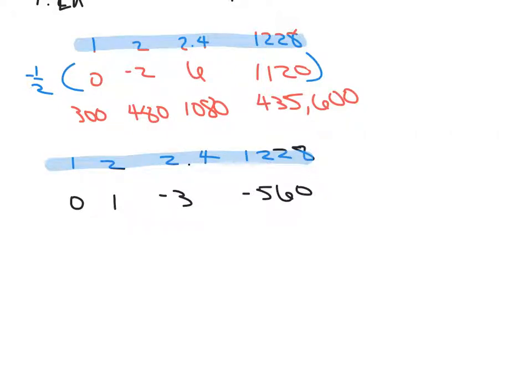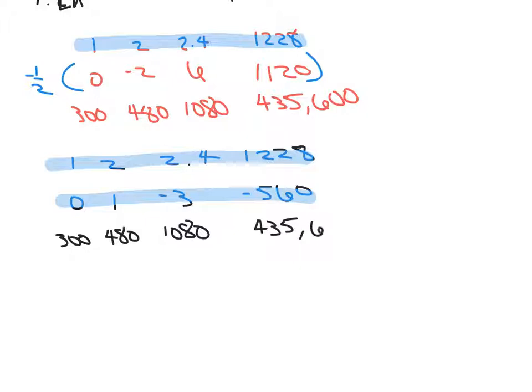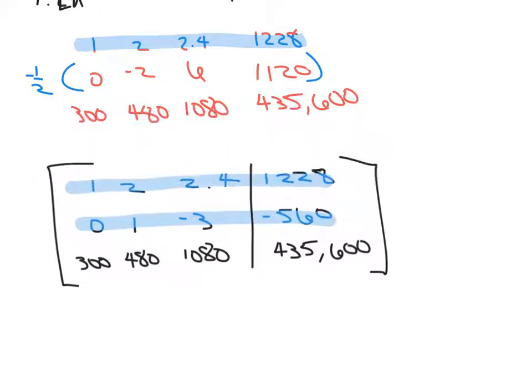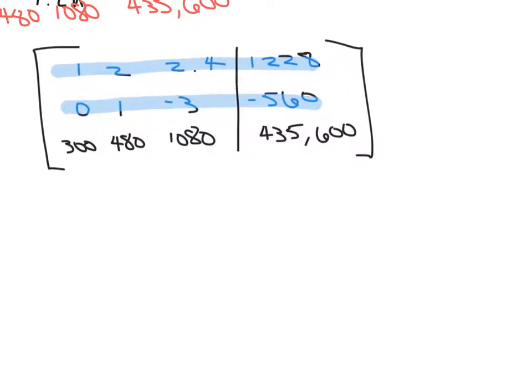Since we are good to go there, we're going to lock that one, which leaves us with 300, 480, 1080, and 435, 600. Now I'm not putting my correct symbology on here. I probably should keep doing that. Okay, so there's where we're at now.